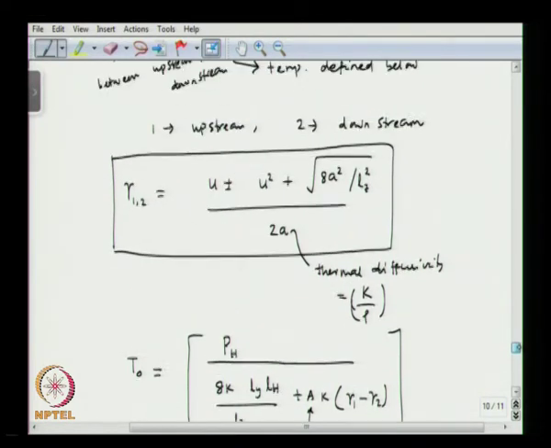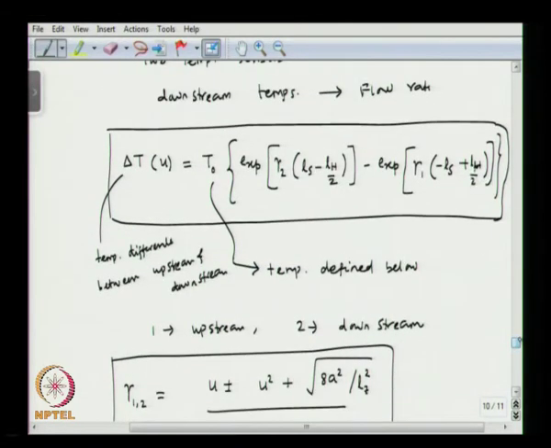So, what is going to happen is we are going to measure the temperature difference, and all the values on the right hand side will be either a fluid property or a flow property, or depend on the geometry, the locations of the heater and the sensors with respect to the heater, and the geometrical parameters.